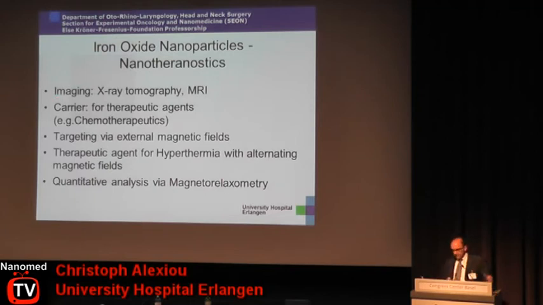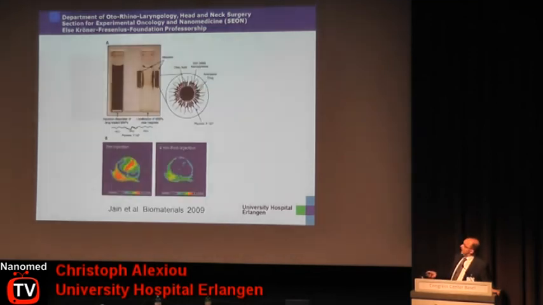Magnetorelaxometry is a special device where you magnetize particles, and from the degree of relaxation you can determine the concentration of particles in certain body compartments. So you can use it as an imaging tool, as a nanocarrier, as a therapeutic agent, and also for biodistribution.